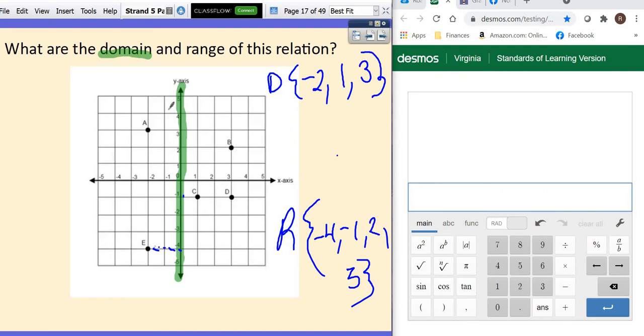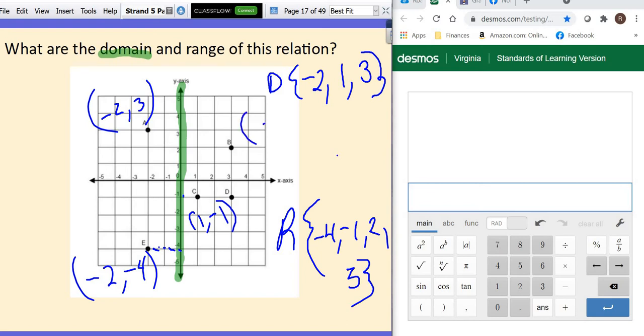The other way is to just write out the points for each one and then match them up. So for example, this is a -2, 3. This is a -2, -4. C is a 1, -1.